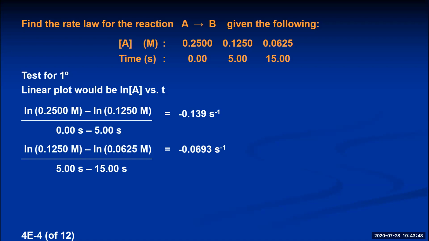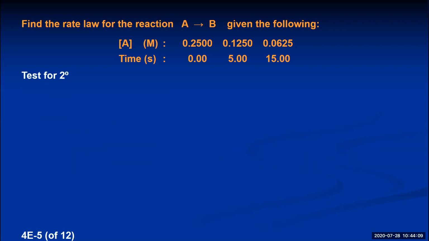These two slopes are not the same. That means the 3 points cannot lie on a line. So if the slopes are not constant, the 3 points are not linear, and if they're not linear, it is not first order. So we've deduced that the rate law is not rate equals k times concentration of A to the first power. Let's test for second order.